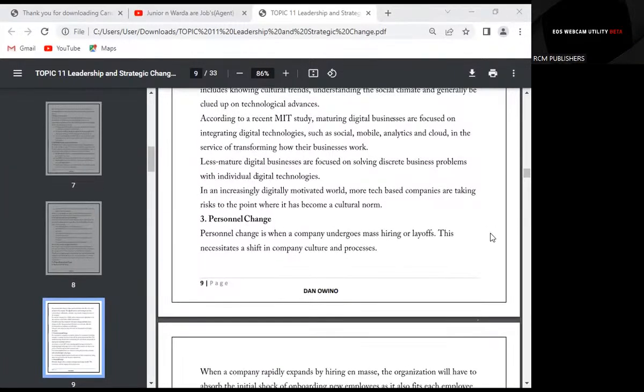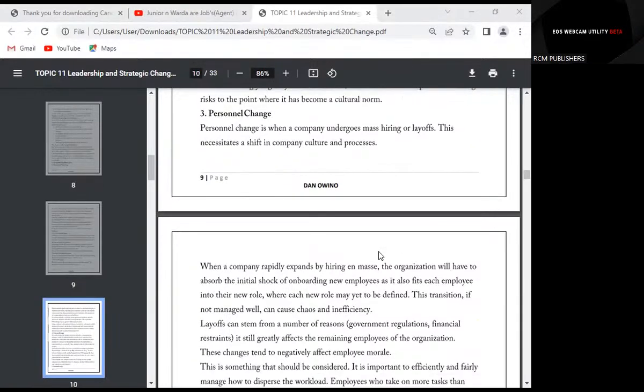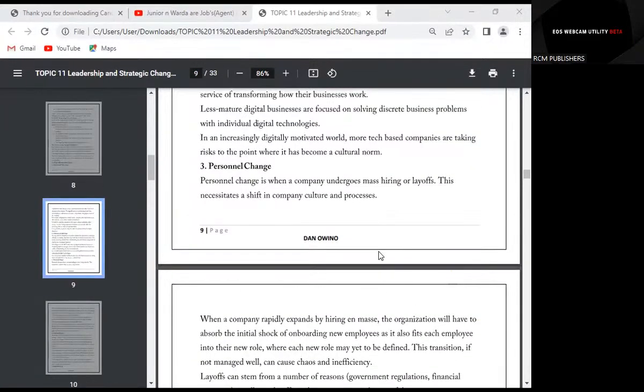Then you have the personnel change. Personnel change is when a company undergoes mass hiring or layoff. This necessitates a shift in the company culture and process. For example, Twitter has undergone a personnel change. The majority of the staff were laid off.